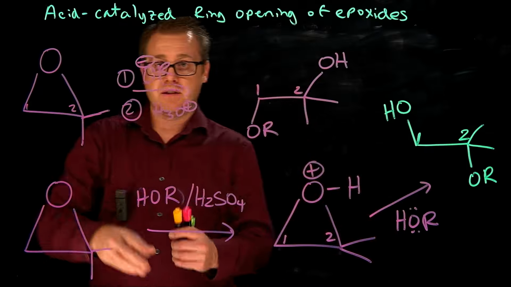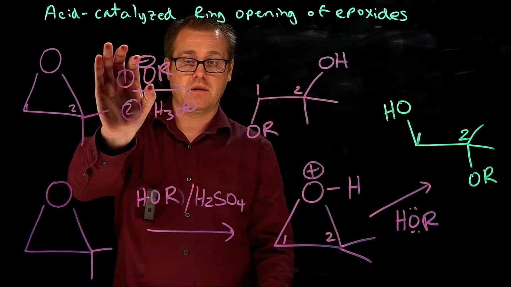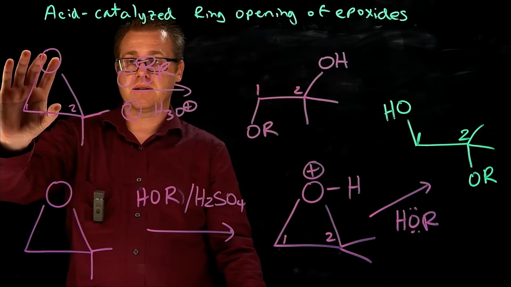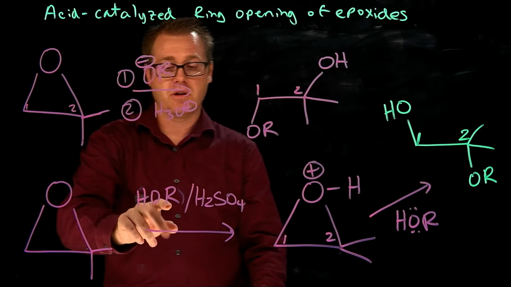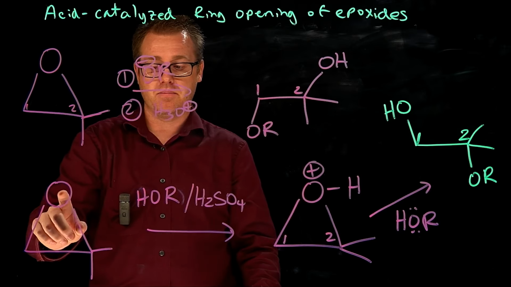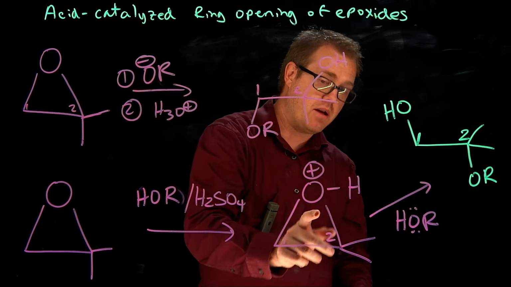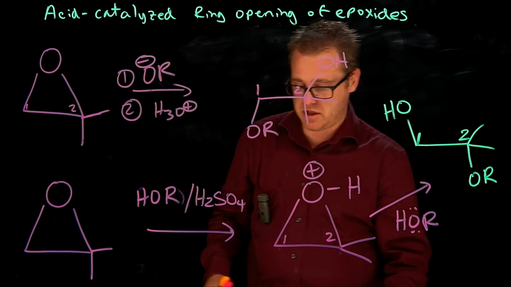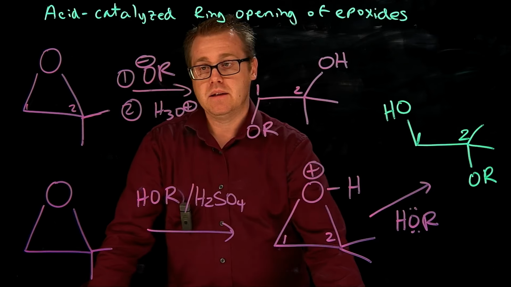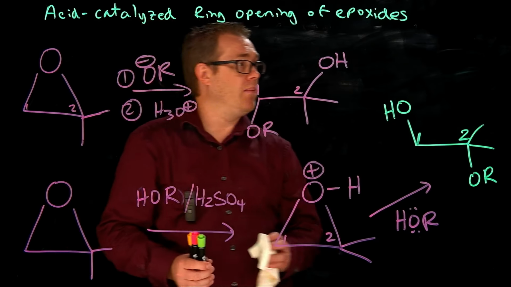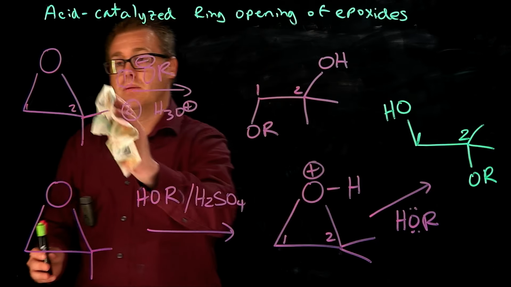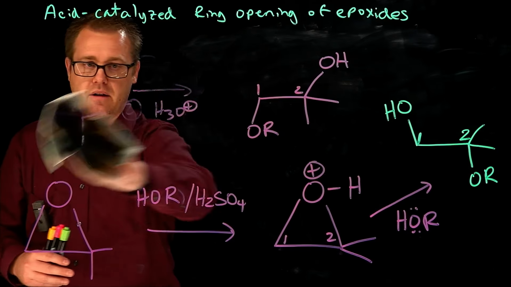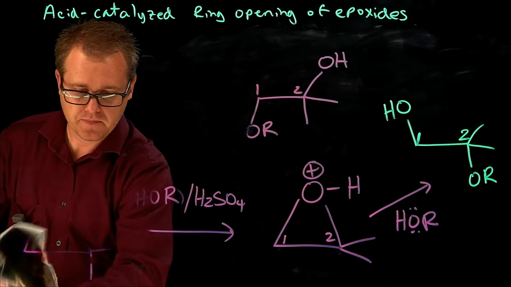Also, another difference: when we're using strong nucleophiles, the epoxide is neutral. And when we're using weak nucleophiles, the epoxide will get protonated. And that's going to determine the regioselectivity here. Now let's talk more about the electronic effects here and what's going on.